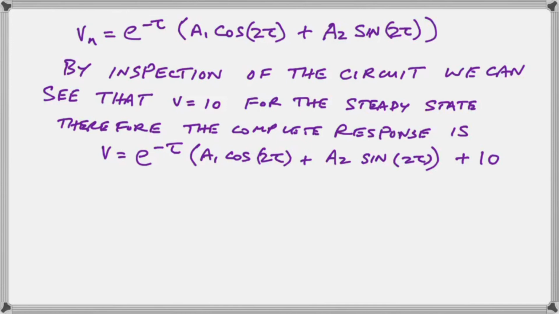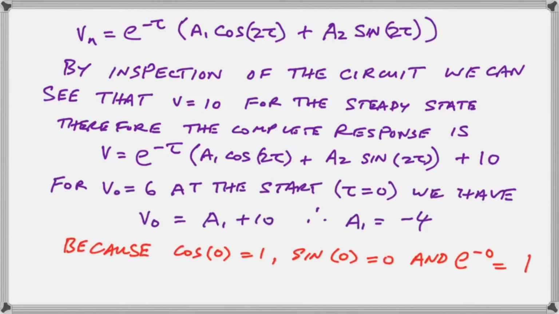So we have to actually add that term of 10 to the answer to make sure that V ends up as 10. After this whole thing has died out to 0, we will have V as 10, which is the correct solution. So we say that the forcing function, or the 10 volts DC, is just added into the solution in that manner. So that's easy enough for you to do.